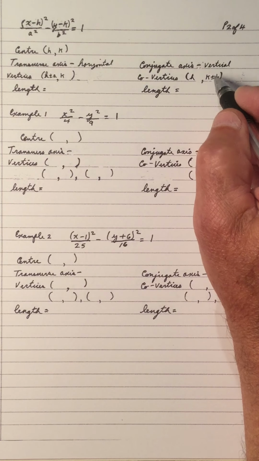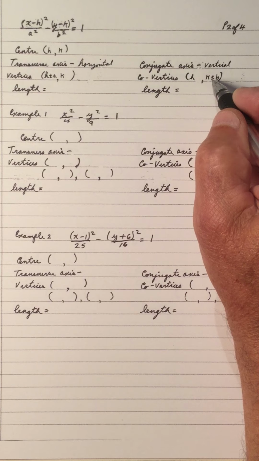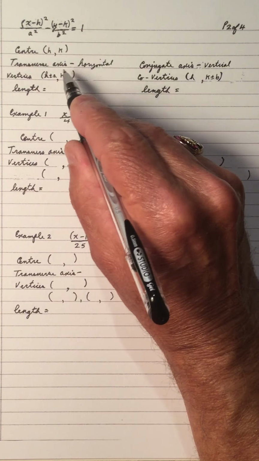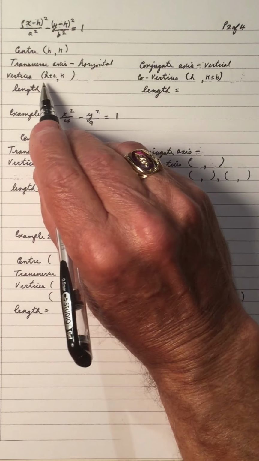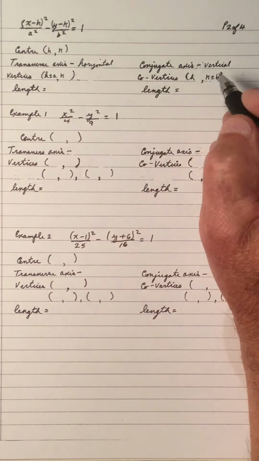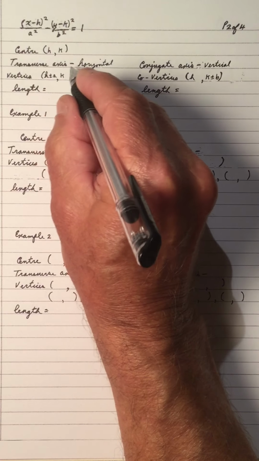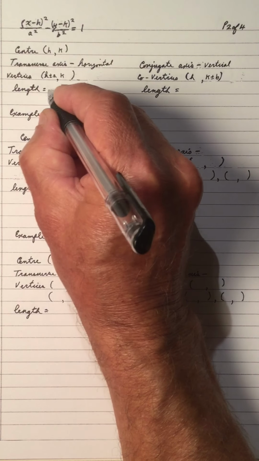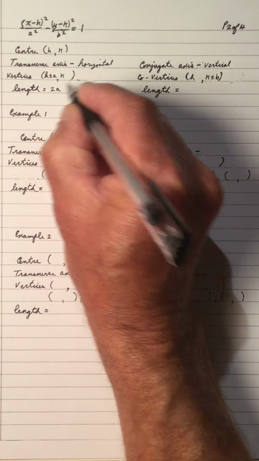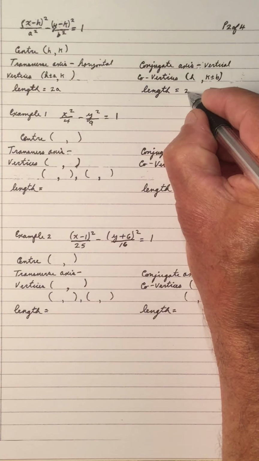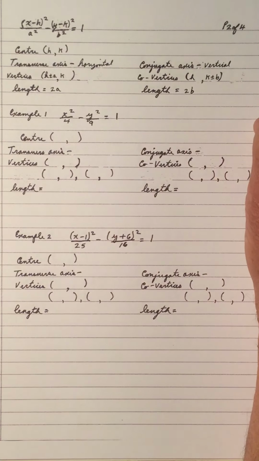And because it's vertical, then the values of b are added to the k. Because it's horizontal, the values of a are added to the h, which is the x, and this is the y. The length of the transverse axis, because it's horizontal, is 2 times a, and the conjugate axis is 2 times b.